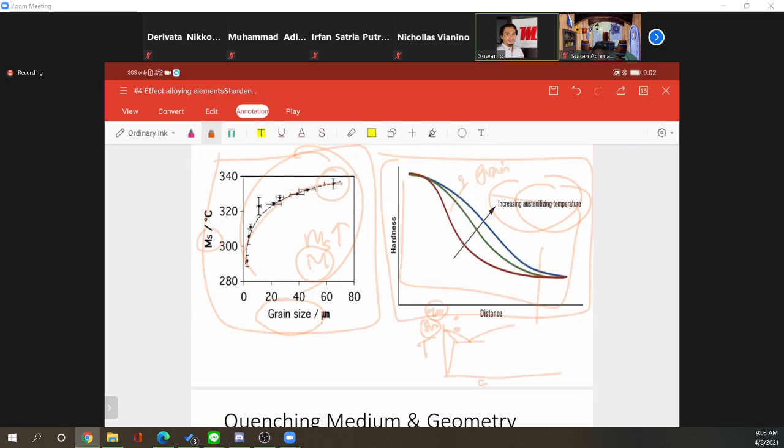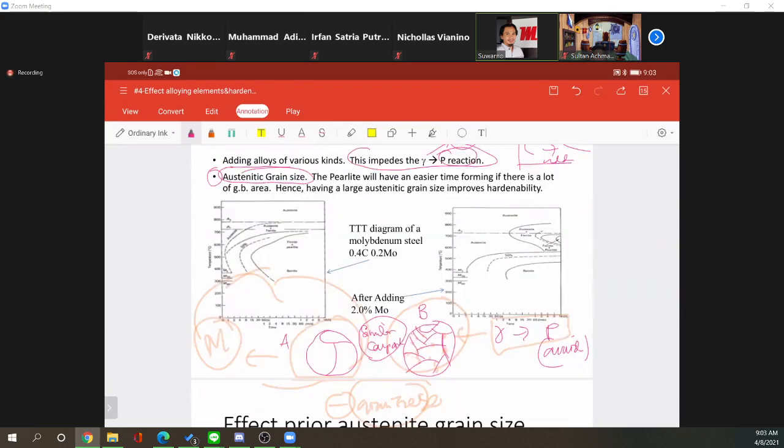Hardenability increases as the austenitization temperature is increased. So basically, the effect of austenitization temperature is actually the effect of grain size. In many ways, the explanation is here already.